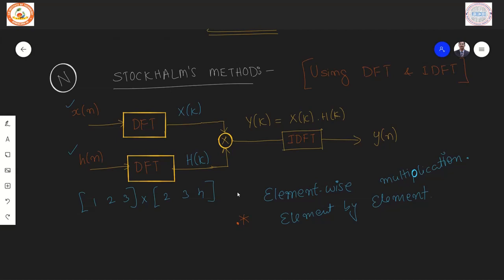The application of the circular convolution property is that it is possible to determine the answer of circular convolution by using DFT and IDFT. It means that we know the method of calculating the DFT of x of n. The result is called X of k.